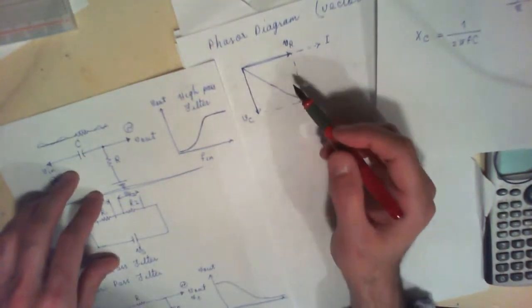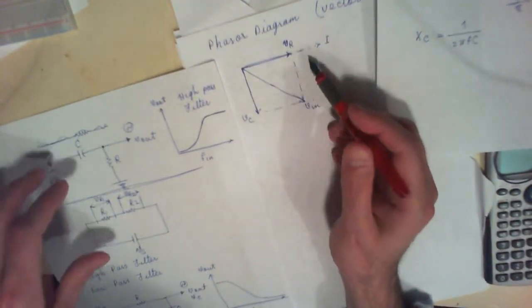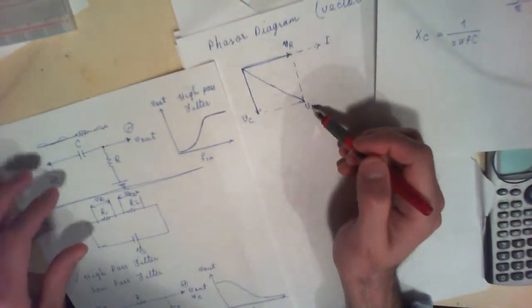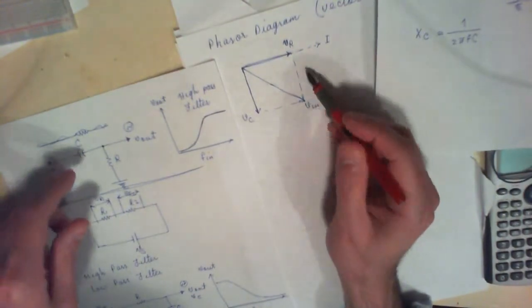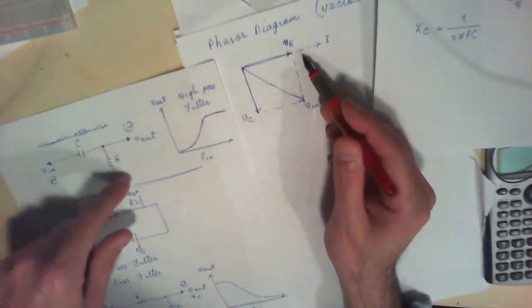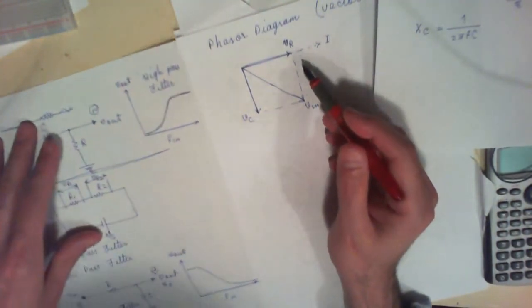But anyway, in this phasor diagram, V of C refers to the voltage over here, V of N refers to the input voltage over here, and this vector refers to the current going through this series circuit. This is an RC series circuit.